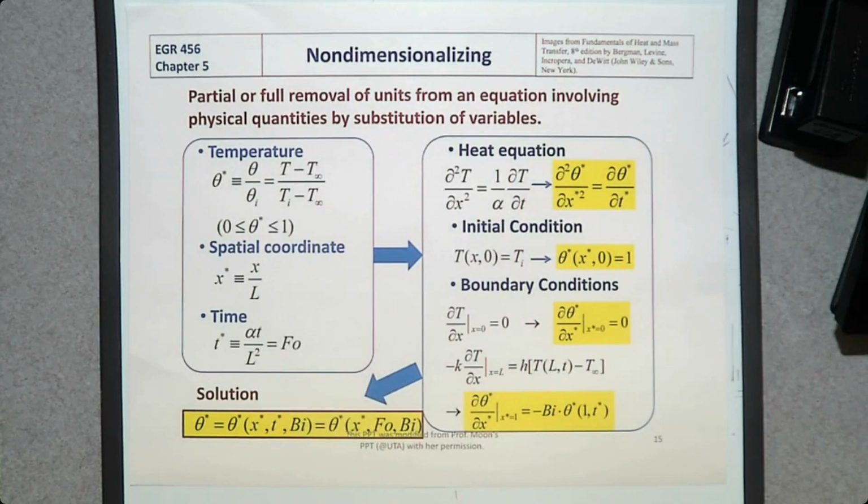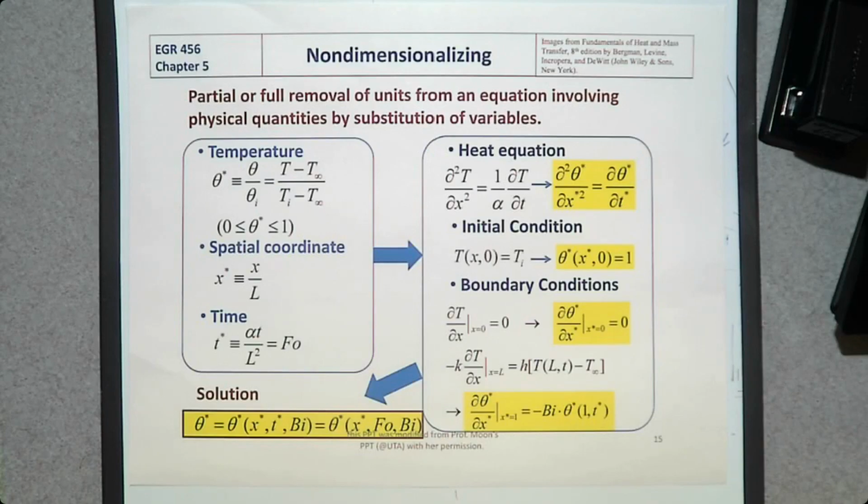So instead of T, T infinity, Ti, they just use one variable, which is theta star. That theta star is T minus T infinity over Ti minus T infinity. So three variables become one variable. And instead of the x, they use x star. So two variables become one variable, like magic.